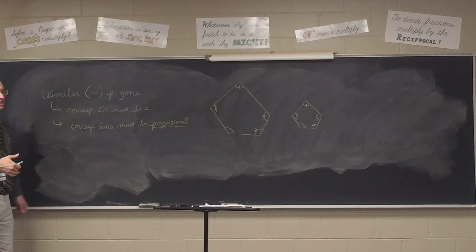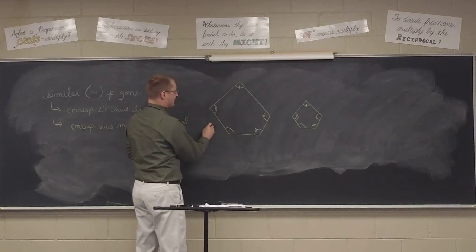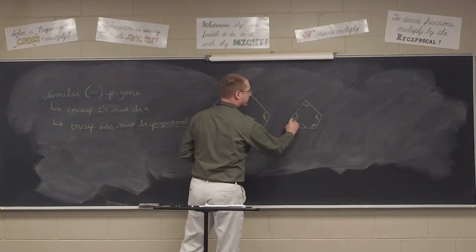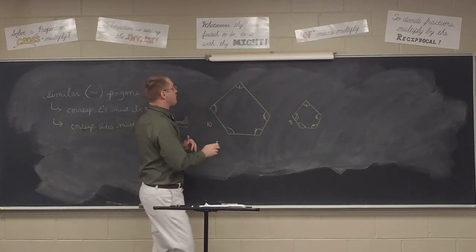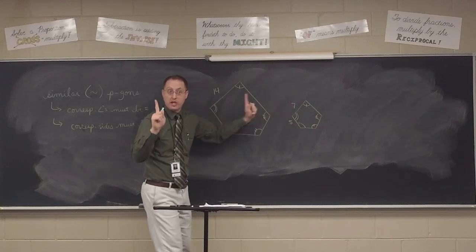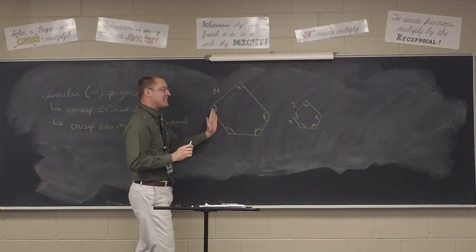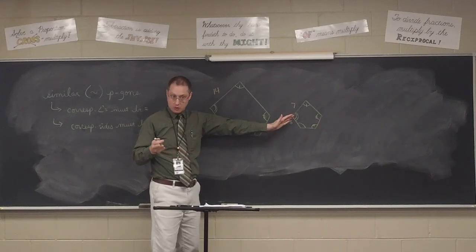What does that mean for sides to be proportional? Well, if I knew that this side, for instance, was 10 inches, and I knew that this was 5, the ratio here is a 2-to-1 ratio, correct? And if I knew that this side was 14 and this side was 7, well, that's also a 2-to-1 ratio. We could say, class, that 10 is to 5 as 14 is to 7, equal ratios, right?